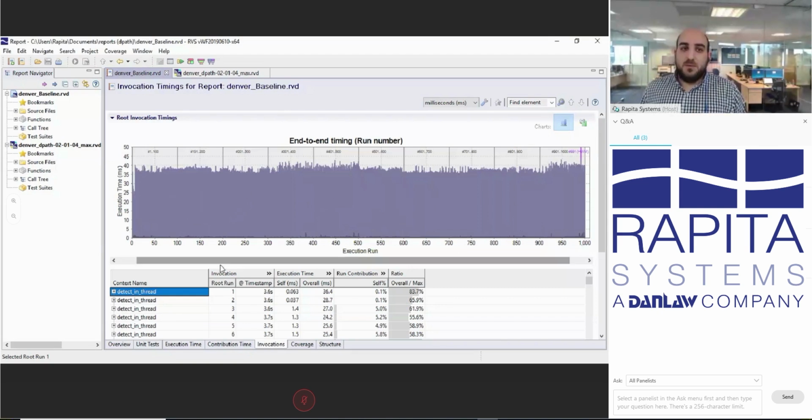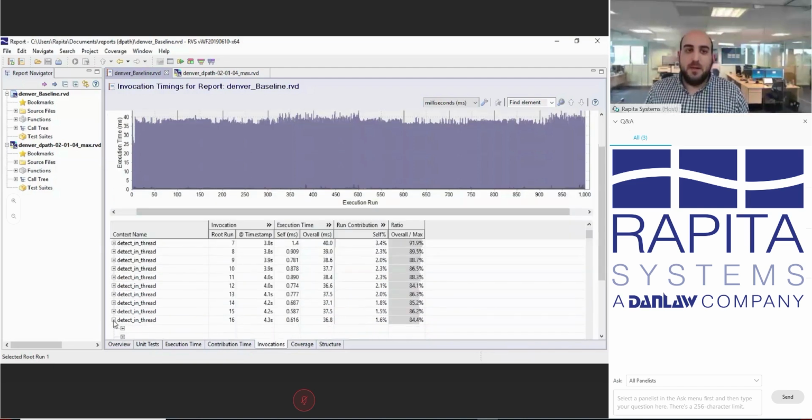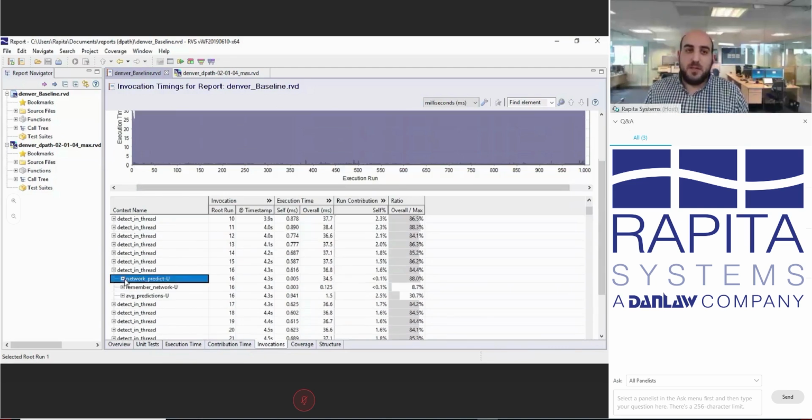In this case, the root function is detect in thread. This was executed 1,000 times, which corresponds to 1,000 frames being processed. And we can, for example, expand individual invocations and see the exact call tree that was observed during specific invocations.